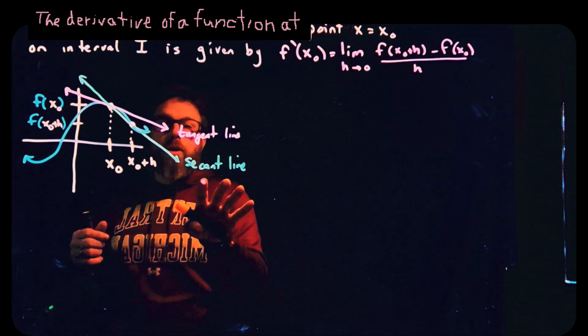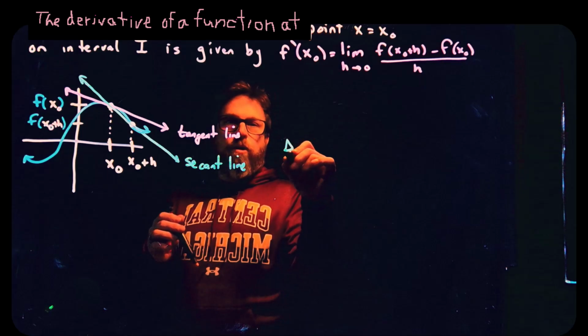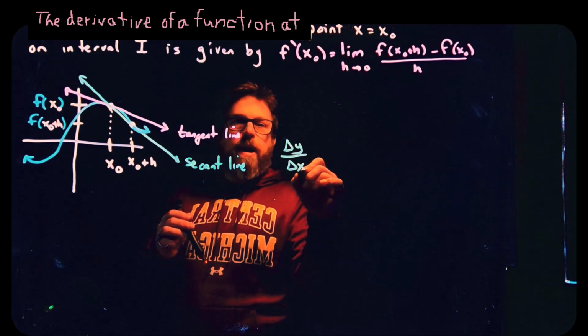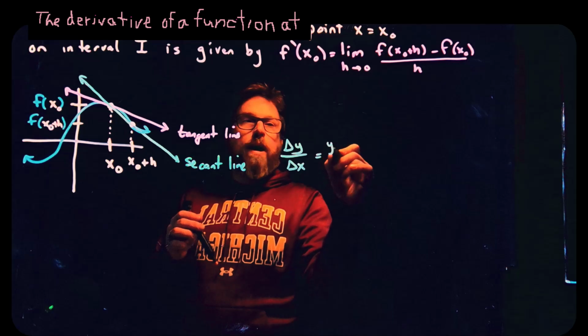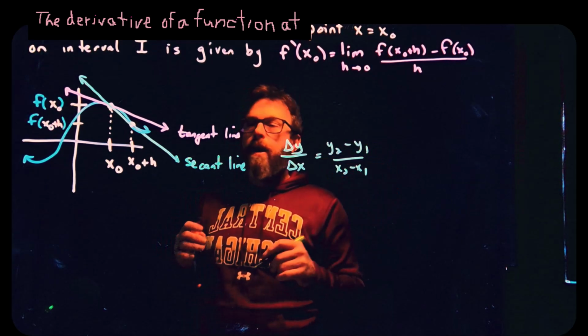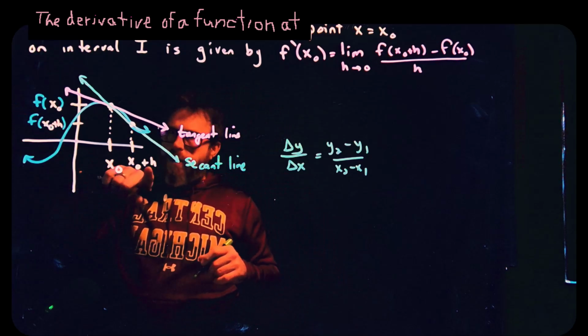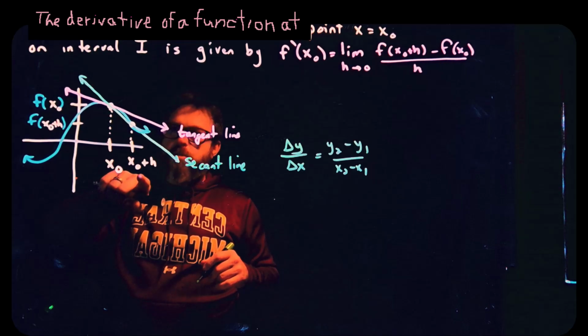Now, if I want to find the slope of this secant line, we'll call it change in y over change in x, which is equal to y2 minus y1 over x2 minus x1. Let's call this one the second point because this x value comes after.